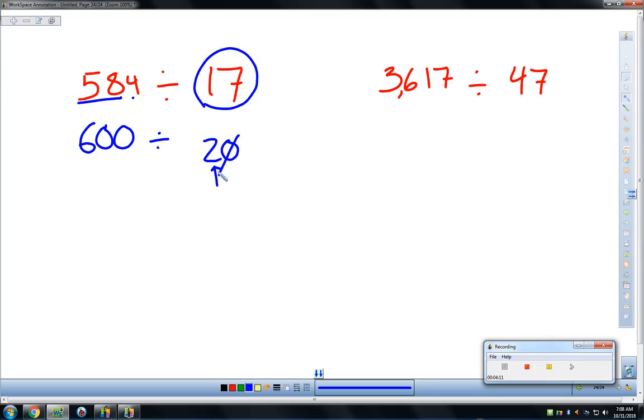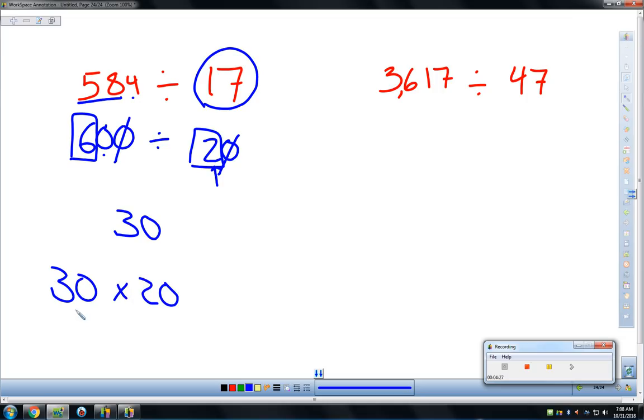They both have a 0 in common. 6 divided by 2 is 3, with 1 zero left over. Okay, let's check. 30, the quotient, times 20, the divisor, should give me what I started with. So 3 times 2 is 6, with 2 zeros. Well, would you look at that?